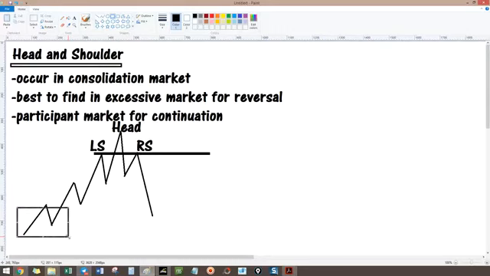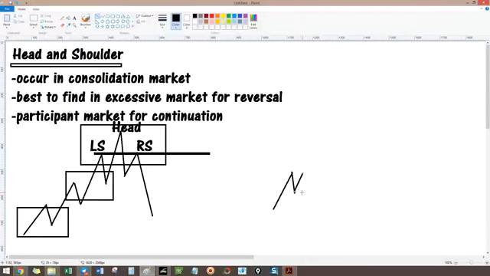You have a consolidation or accumulation, and you have a participation, and then you will have an excess market. Okay, so you have something like this. All right, so usually over here there will be a base. You have a base like this, and then this base will hold price.